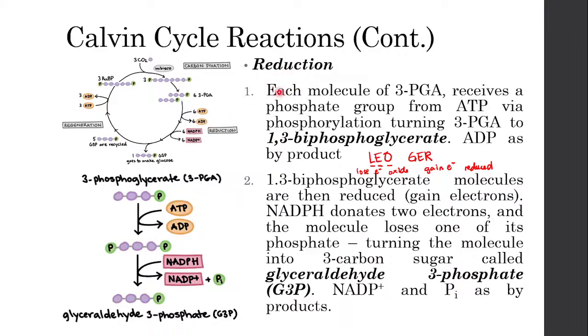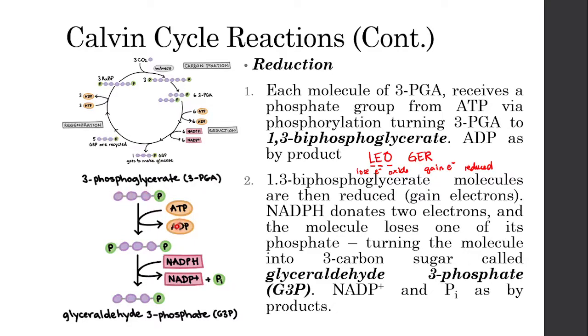So the whole process of reduction is, after the first process of carbon fixation, which gives us 3-PGA, the 3-PGA undergoes phosphorylation, wherein it becomes biphosphorylated. The phosphate group is found on carbon 1 and carbon 3. So this is your carbon 1, carbon 2, carbon 3. This is 3-PGA, 3 because your phosphate is at carbon 3.